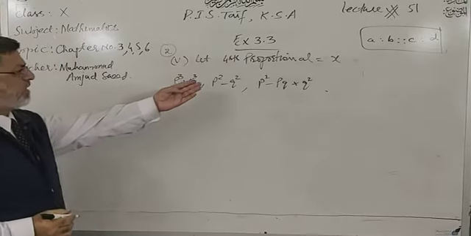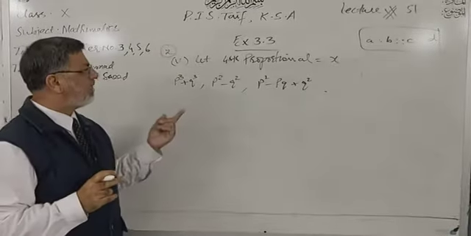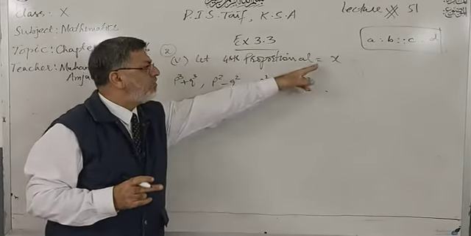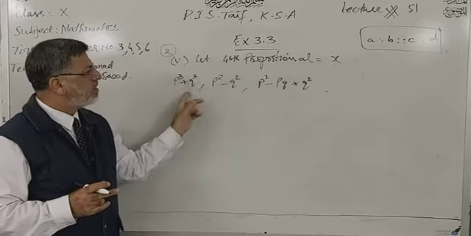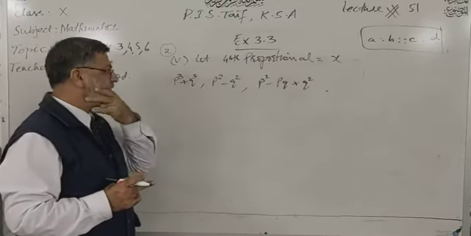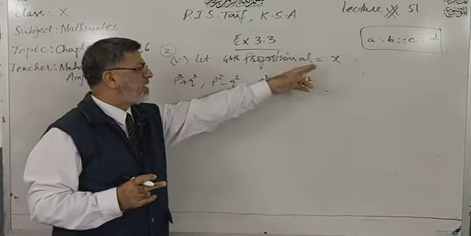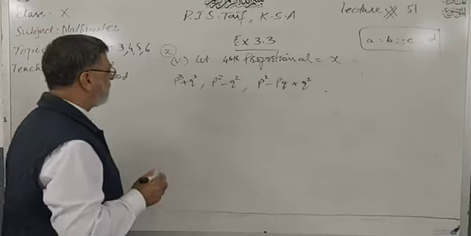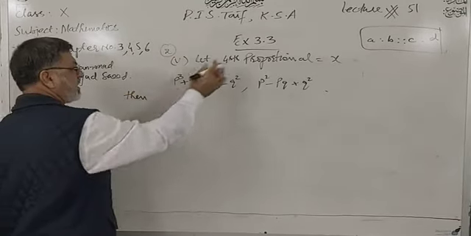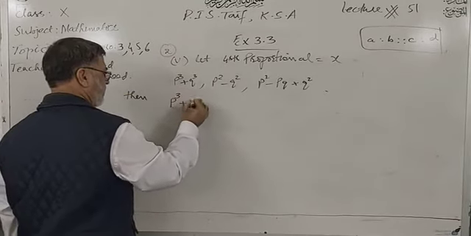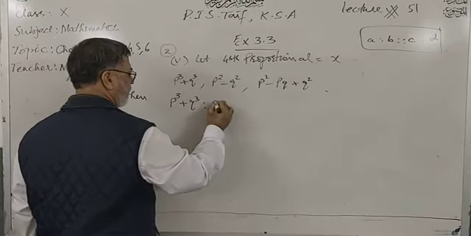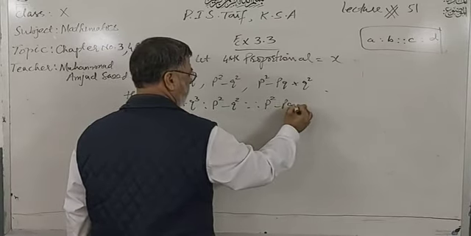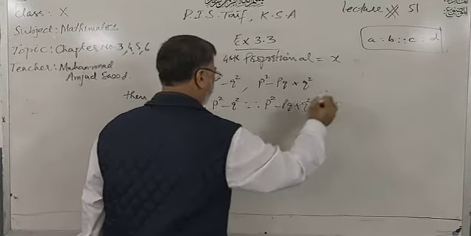Let the fourth proportional be x, and remember that you always choose the letter for the unknown which is not involved here, so there will be a clear difference. You can take fourth proportional as a, b, c, or other than p, q. Similarly, I have taken x. So if this is fourth proportional, then p cube plus q cube ratio p square minus q square proportion p square minus pq plus q square ratio x.